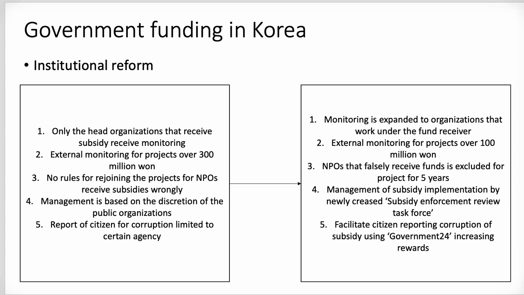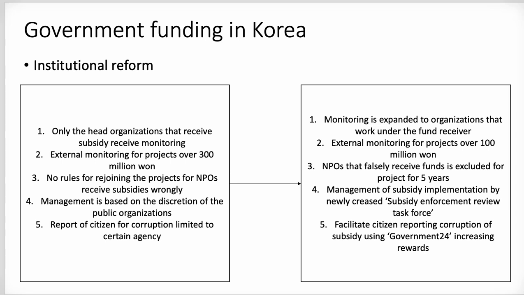Second, external monitoring was only for projects over 300 million won. Third, there were no rules for rejoining the projects for NPOs receiving subsidies wrongly. Fourth, management was based on the discretion of the public organization. Fifth, reports by citizens on corruption were limited to certain agencies.